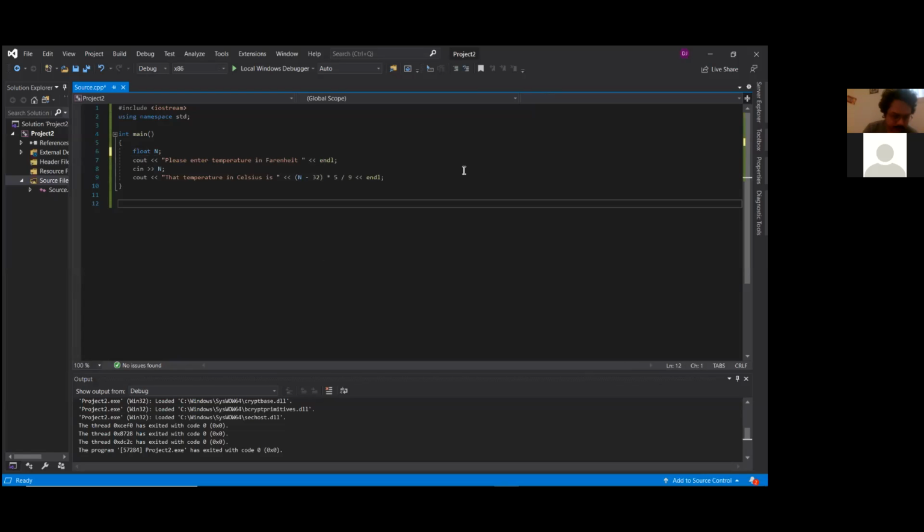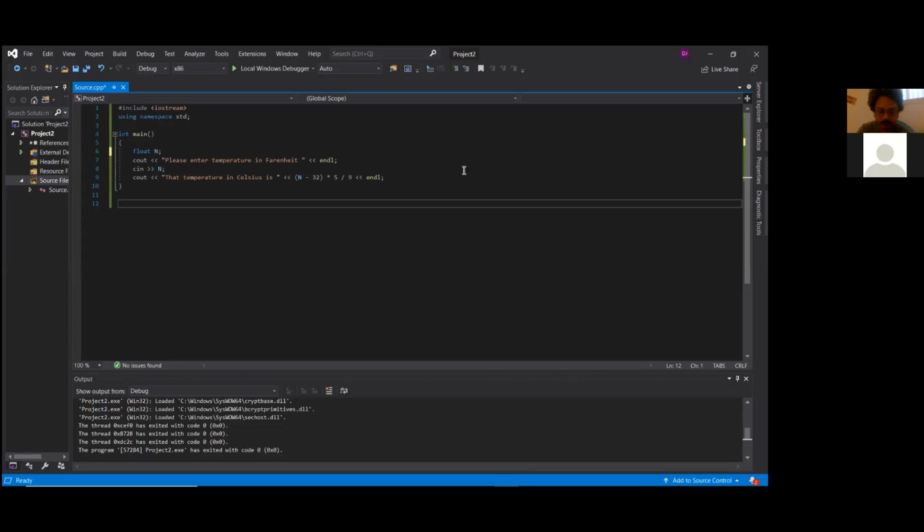One other thing. Let's try one thing. Let me find an example case. Fahrenheit 32.5 when converted to Celsius becomes 0.277 Celsius.